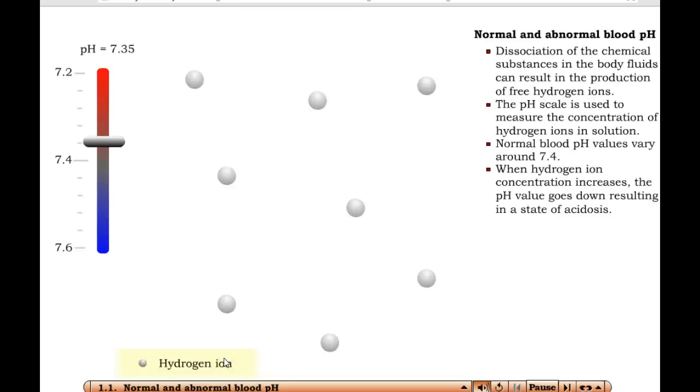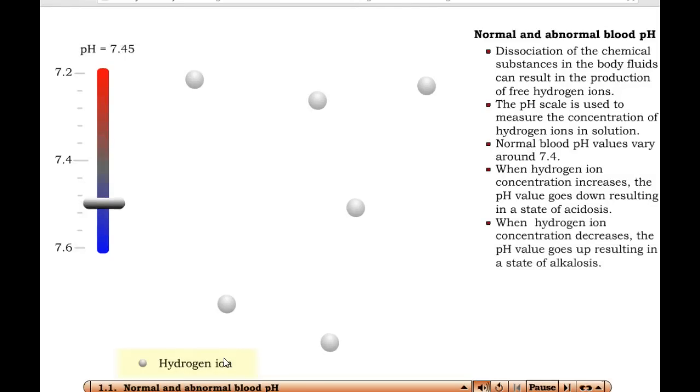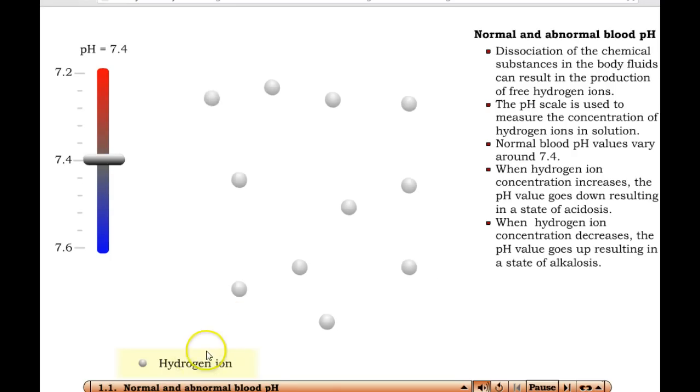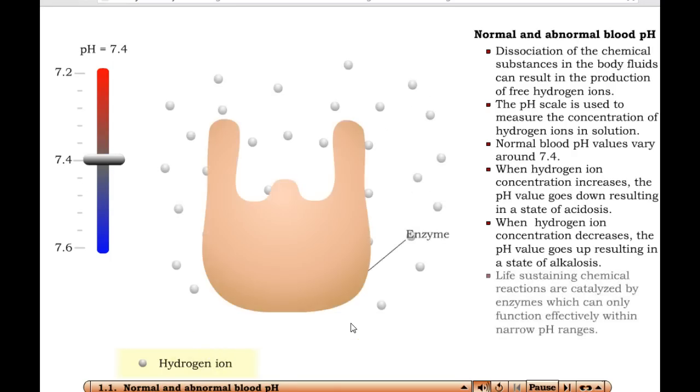Conversely, when hydrogen ion concentration decreases, the pH value increases, resulting in a state of alkalosis. Life-sustaining chemical reactions are catalyzed by enzymes, which can only function effectively within narrow pH ranges.